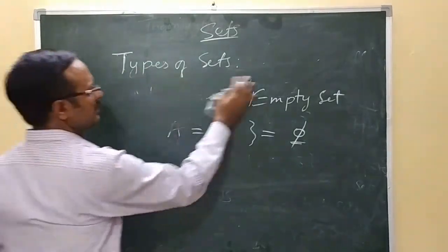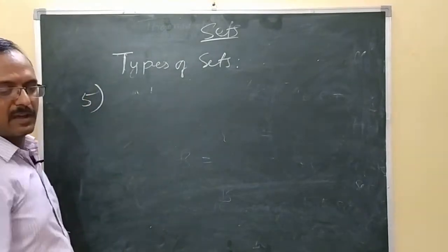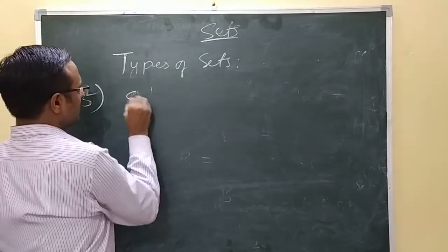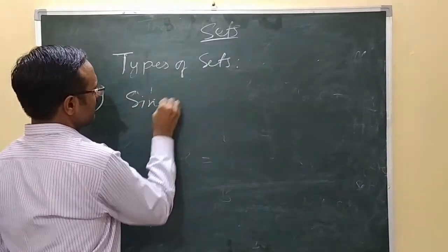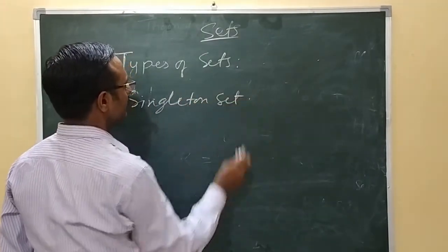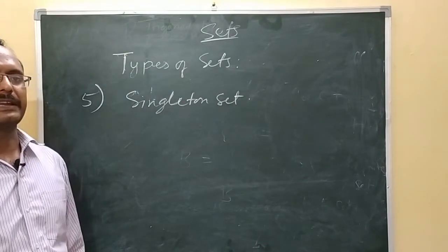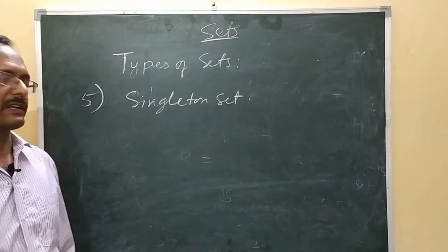Coming to our next set, that is fifth set. Our fifth set is singleton set. If a set has only one element, then that type of set is called a singleton set.